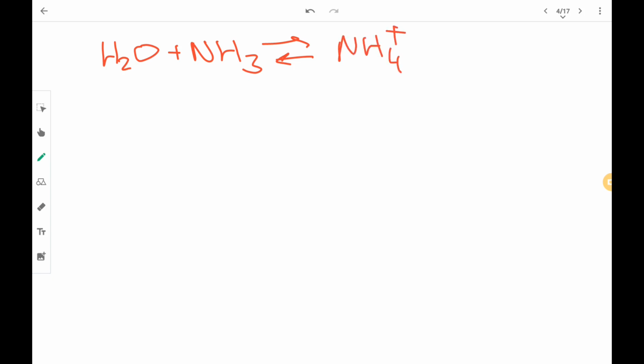First of all, we use an ICE table to find the concentration of OH minus, so it's H2O plus NH3 will give you NH4 plus and OH minus.